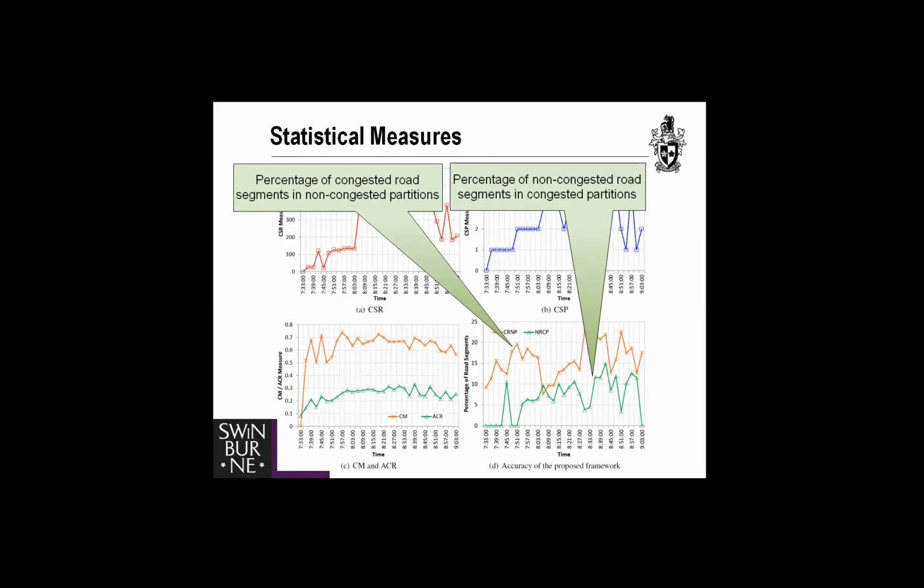We see that this CRNP, which is congested roads in non-congested partitions, goes to a maximum of around 33%, and NRCP goes to a maximum of around 15%, which indicates the good accuracy of our proposed method.